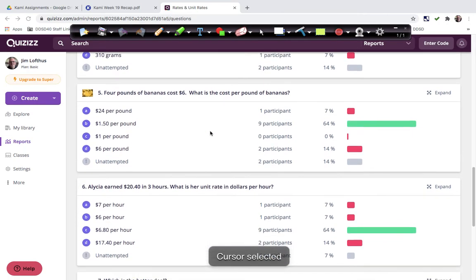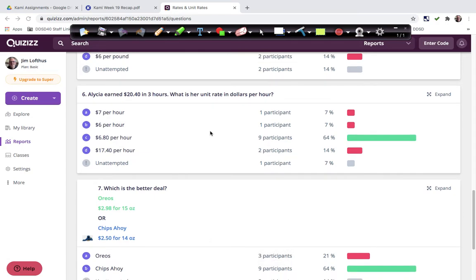The next problem said Alicia earned $20.40 in 3 hours. What's her unit rate? We're going to divide that by 3 to get to 1 hour.